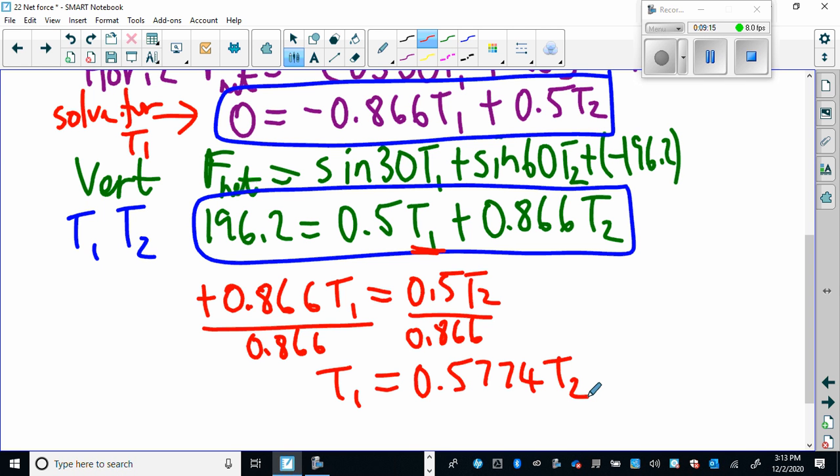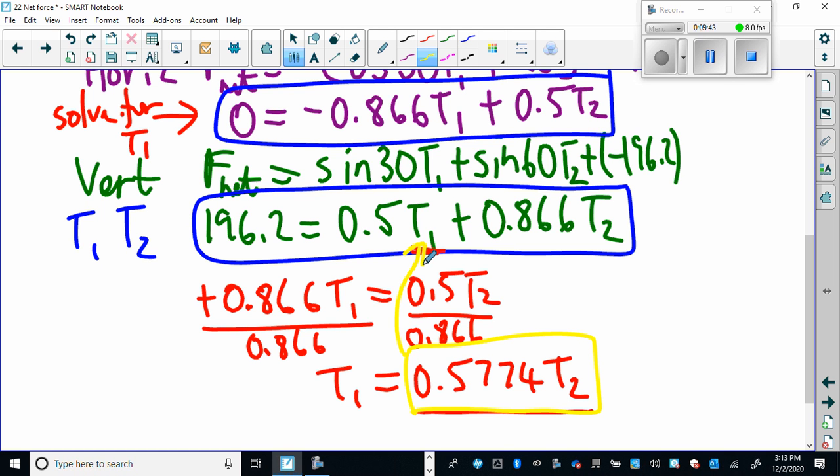All right, so what have we done here? We've taken one equation with two variables and isolated one of the variables. It doesn't matter which one you do, either one will work. Now that we know T1 equals this, we can substitute it in, let's go with my dramatic yellow, right there, because T1 equals that.